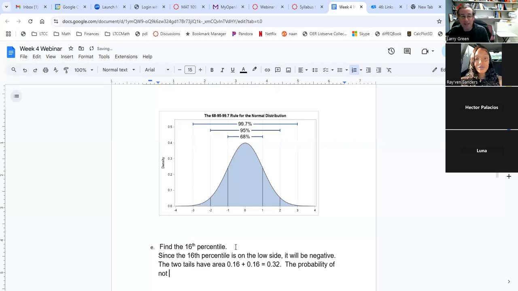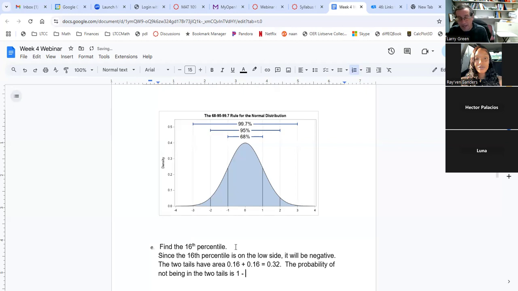Or you could say not being in the two tails. What's that percent chance? It's the same thing we just did.